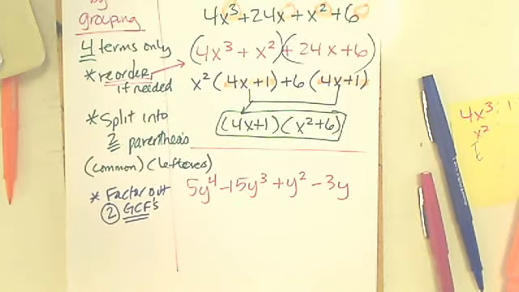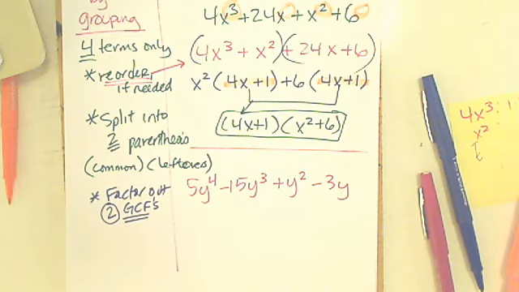Yes, 5y to the 4 minus 15y cubed plus y squared minus 3y.